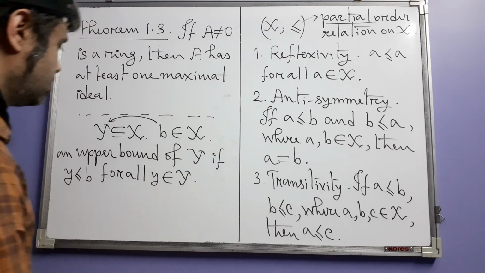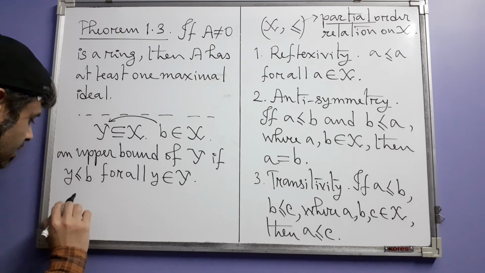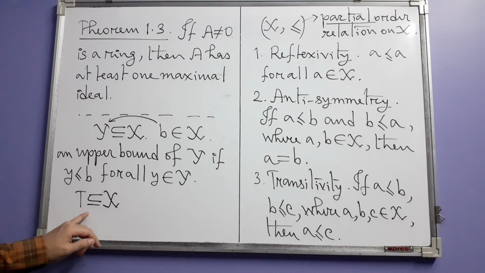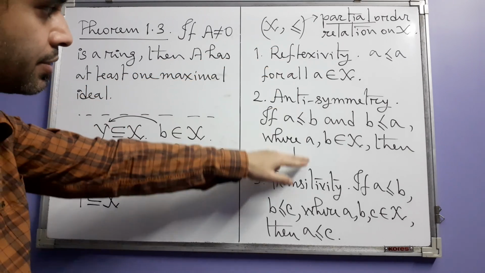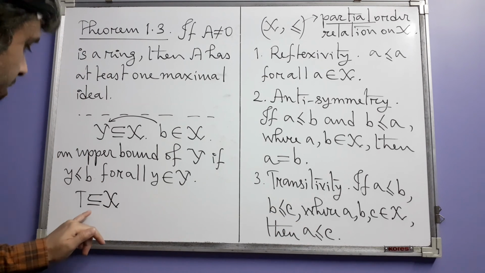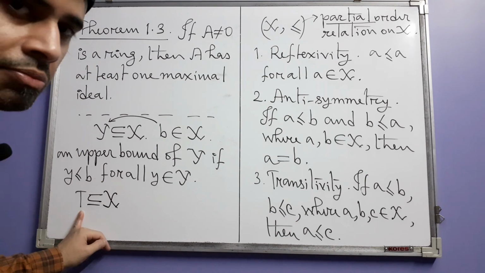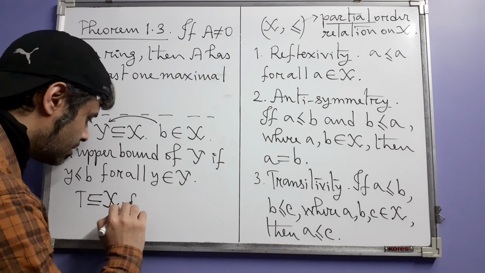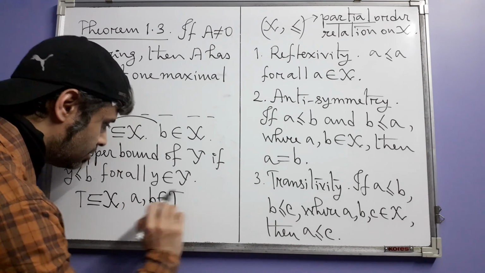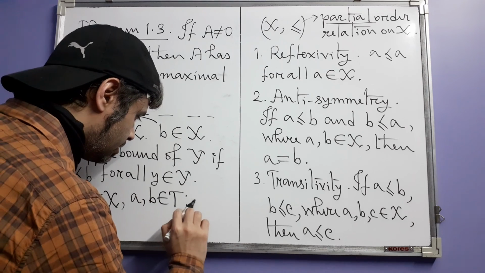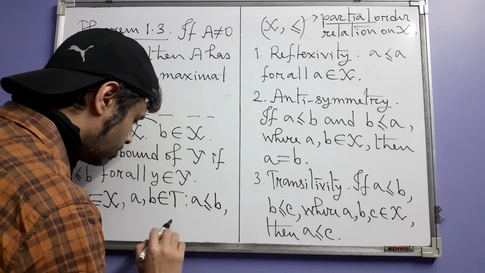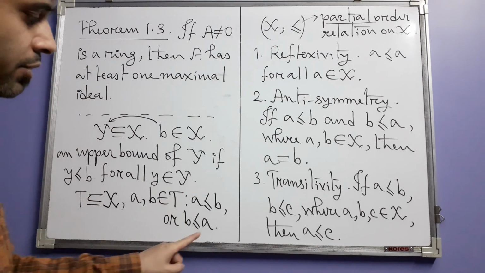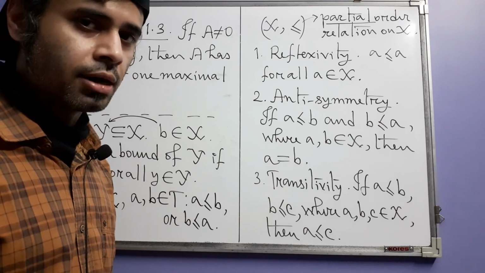However, if it is the case in a subset of X, say you encounter a subset T of X, then whatever properties this relation has on X are obviously also going to be true for the elements in T. Additionally, T has this property that if you take any two elements A and B in T, then either A is less than or equal to B or B is less than or equal to A. Both of them may be true also; in that case, they have to be equal.